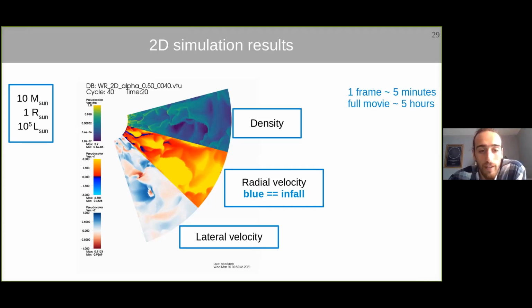In the middle panel, I plot the radial velocity, where I set the color bar in such a way that yellow and red gas is flowing out, but when the gas is indicated blue, that means that there's actually gas falling back onto the star due to turbulence and all this structure formation. And then in the last panel, the third panel, the lateral velocity is shown.